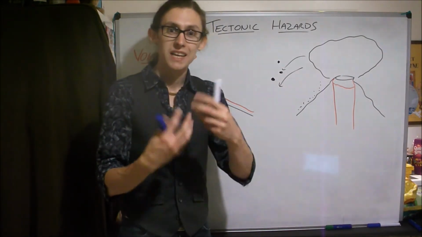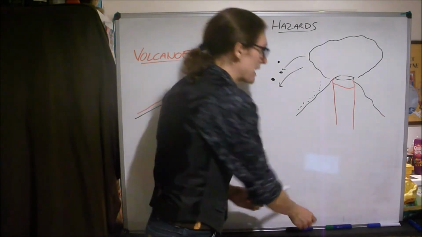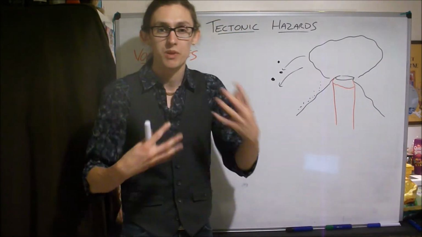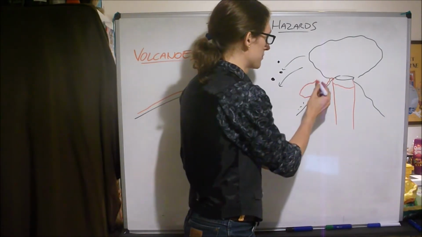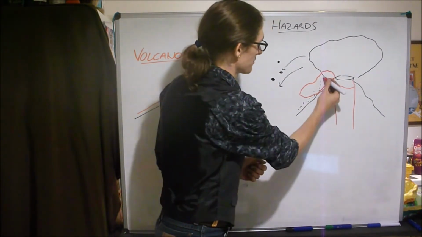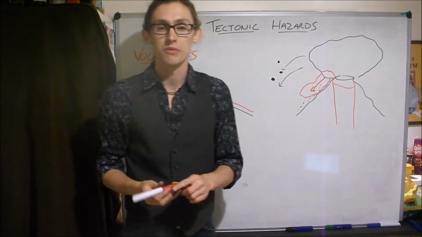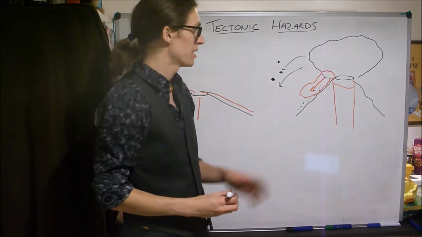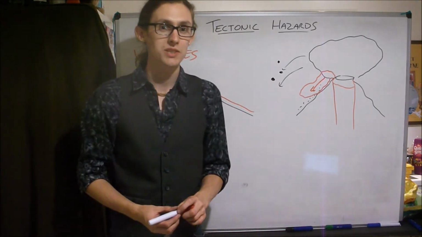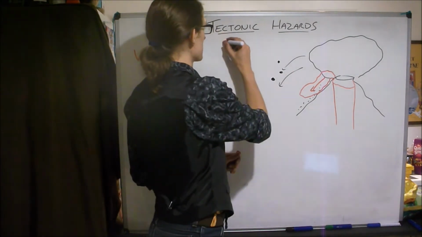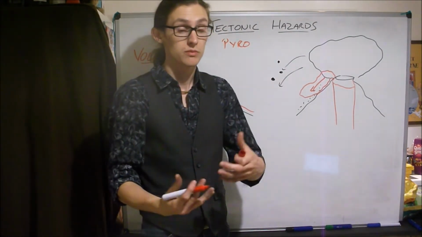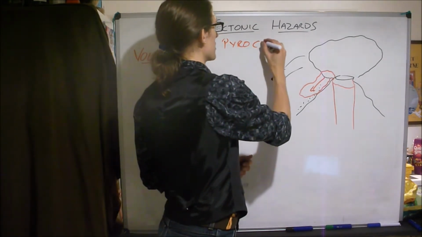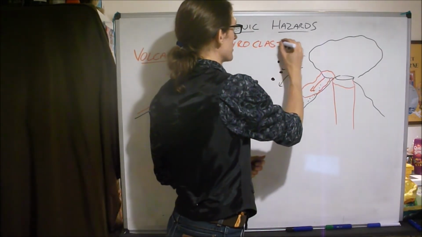But the other problem is the gas that's coming out. You get this superheated cloud of gas that mixes with the ash and it comes crashing down the hillside, moving at very, very high speeds. And this is called a pyroclastic flow. Pyro means fire, so that's related to the heat.